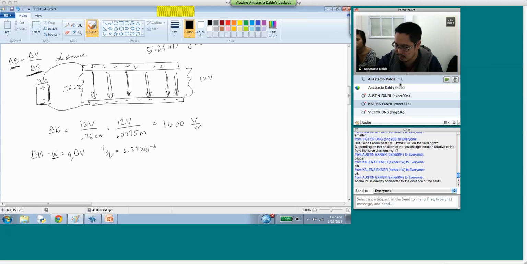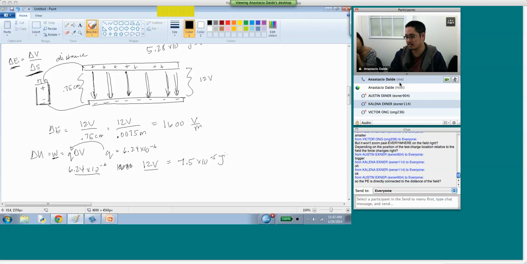Well, all you do is plug that in, 6.24 times 10 to the negative 6 times, actually, not 1600 volts per meter, this is 12 volts total. You multiply those two together, and you end up getting 7.5 times 10 to the negative 5 joules. That's how much work is done on that. Are we cool?